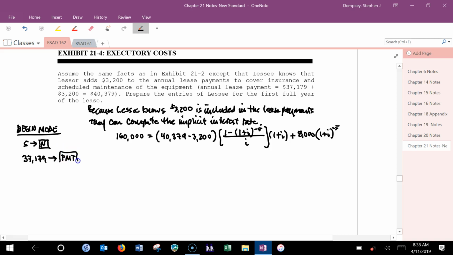You could make that negative, but you'd also have to make what else negative? That future value, 8,000. I'll just make them positive. And on the other side of the equality, that number has to go in as negative. And for what? Present value.